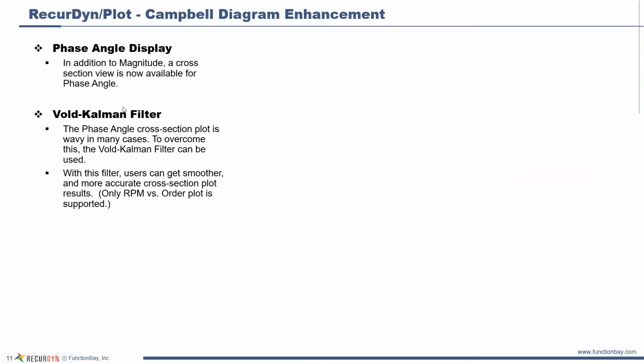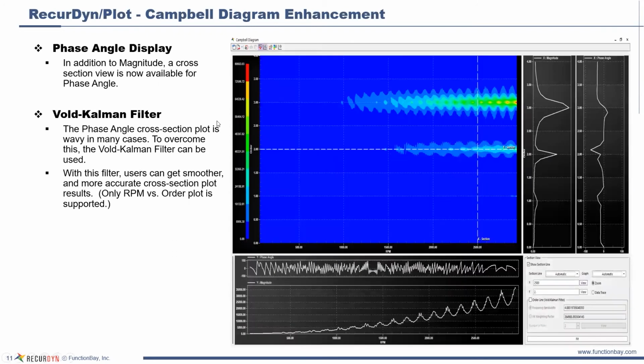The next enhancement is to the RecurDyn plotting of the Campbell diagram. This is what the diagram looks like. There's now a phase angle display, which is a cross-section of the contour plot that's shown in the main window here.